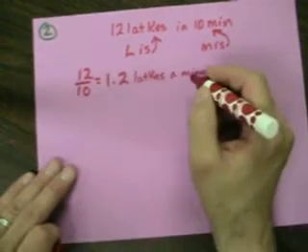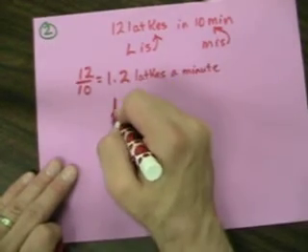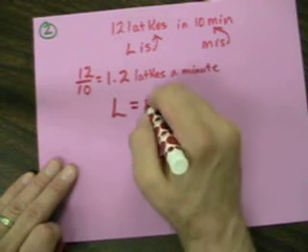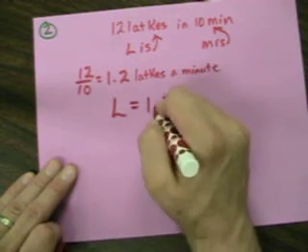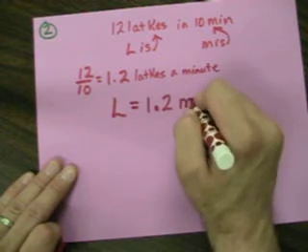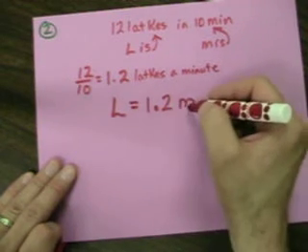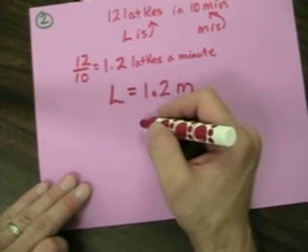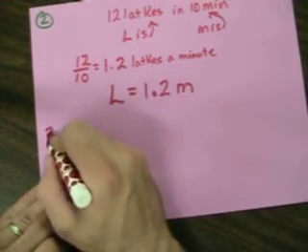That makes it a little easier to write a rule, because I can say the number of latkes will equal 1.2 times the number of minutes, because that's how many they make each minute. Okay, I can use that in my two problems here. One of them says, okay, here's the question.